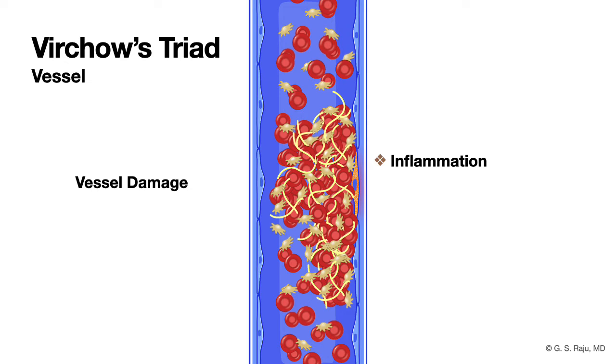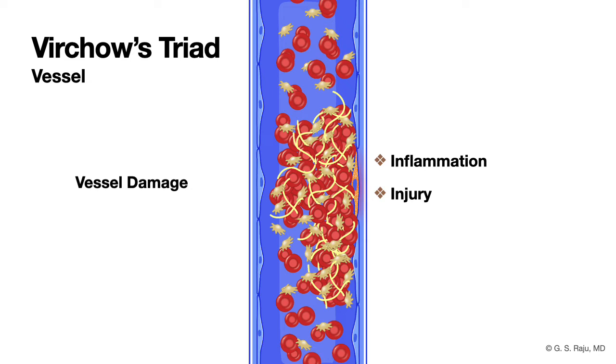Another important factor is injury. Injury could be trauma from outside, or injury could be surgical injury. So, any type of surgery inside the abdomen can result in thrombosis of the splanchnic vessels. It could be after a colectomy, pancreatectomy, gastric surgery, or gallbladder surgery.